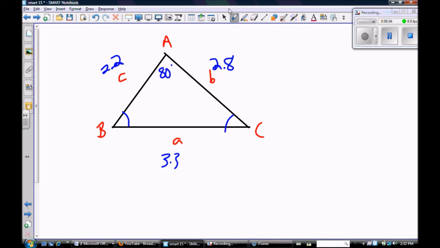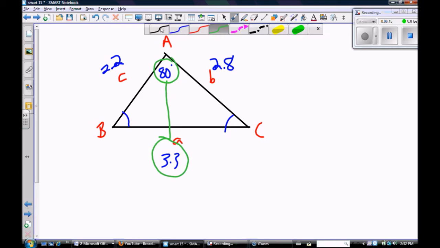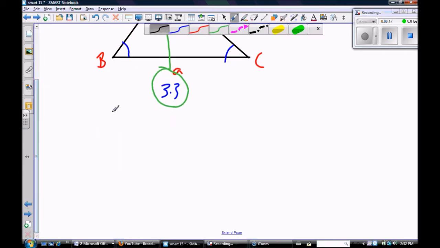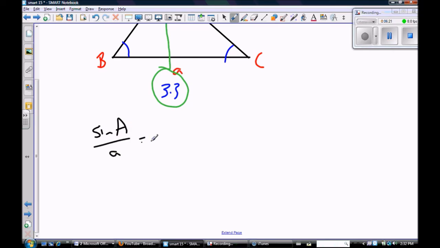Well, now that I've calculated from part A, I now have an angle and its opposite side. So I have one partnership here, and that means I can now use the sine law. So sine A over side A is sine B over side B, and that's sine C over side C.